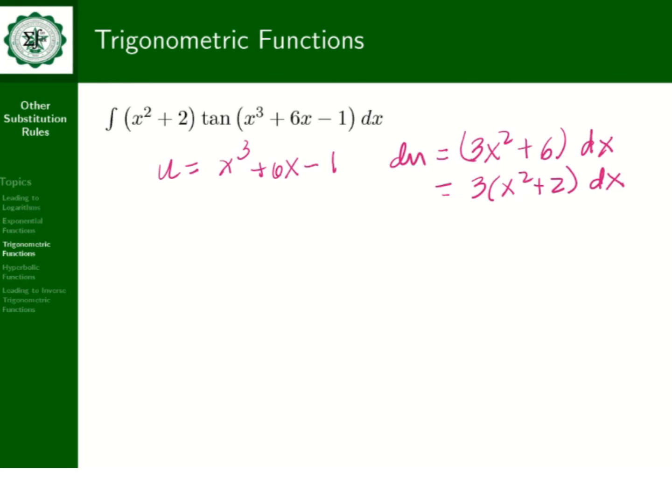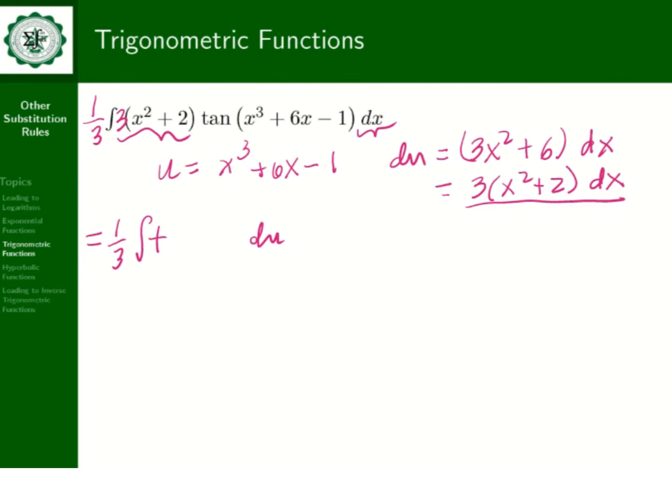So if we perform the substitution, we notice that we need to multiply our given with 3, and then put a correction factor of 1 over 3 outside. So our given now becomes 1 over 3 integral of 3 times the quantity x squared plus 2, and then dx will now become our du.